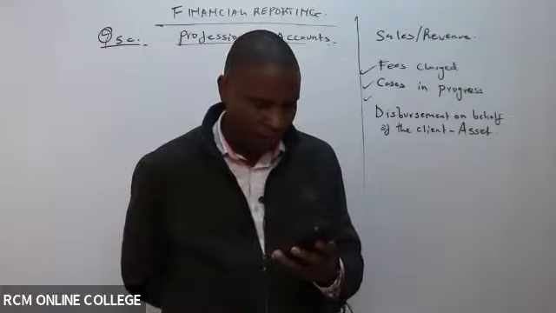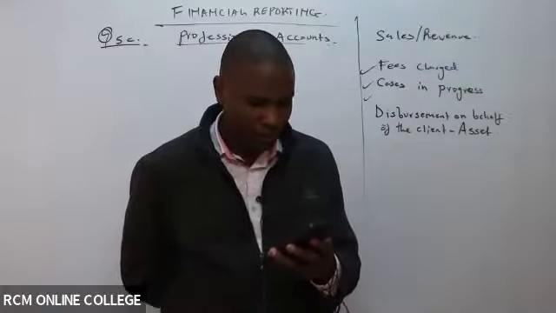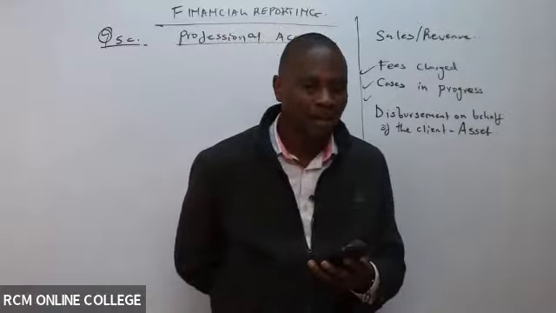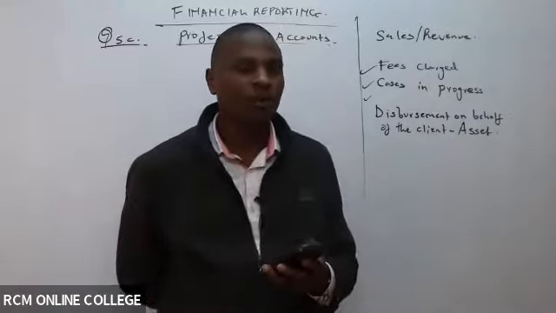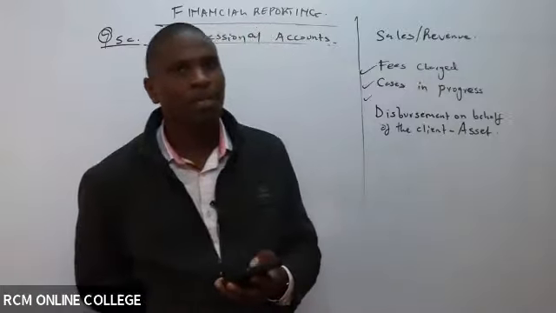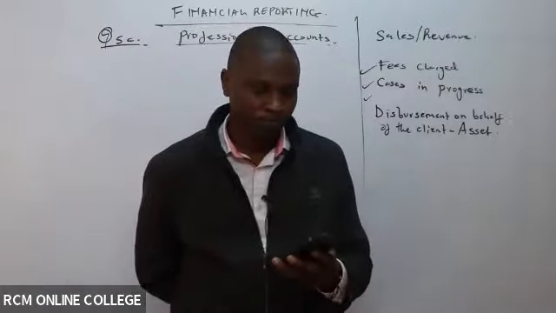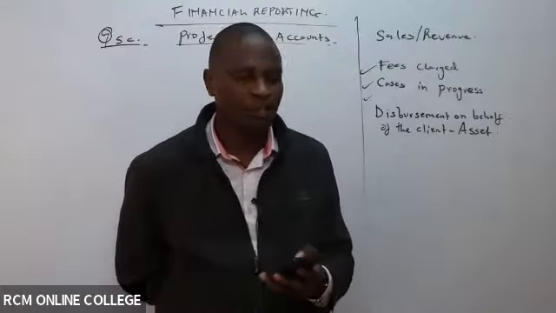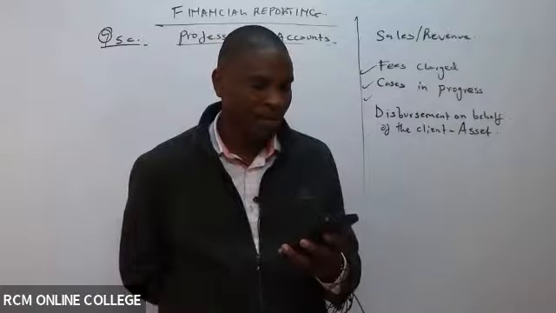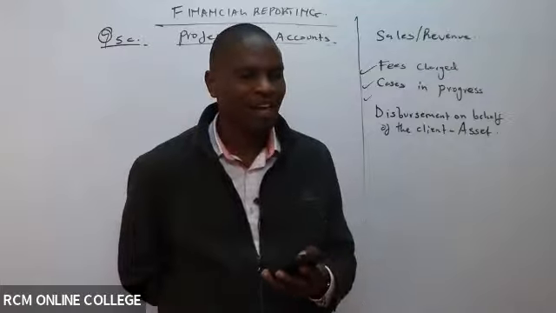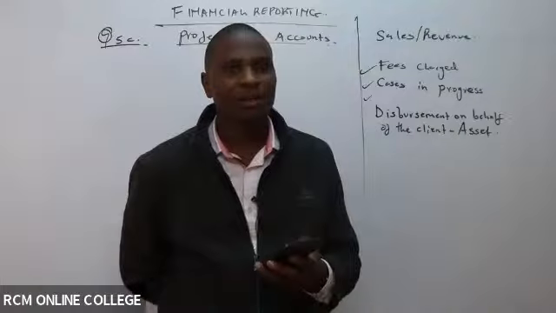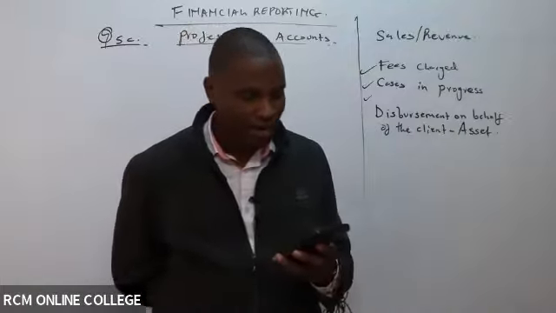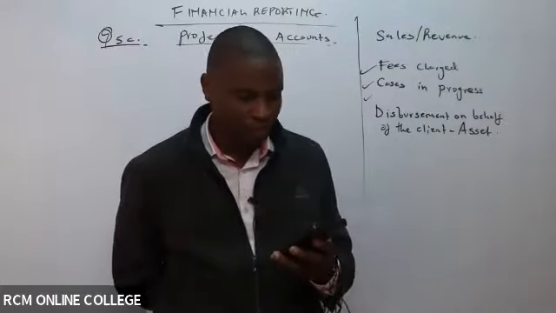Then we have client for the money held on their behalf. Shall that be an expense or not an expense? Shall it be an asset or a liability? Exactly. That will be a current liability.